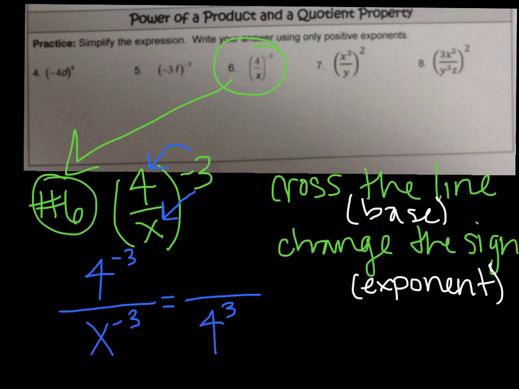Now look at your denominator, which has x to the negative 3. Again, because it's a negative exponent, we take the base, which is x, and we cross the line. So x is now on top, but because we cross the line, we must change the sign, and our exponent goes from a negative 3 to a positive 3. We're almost done.